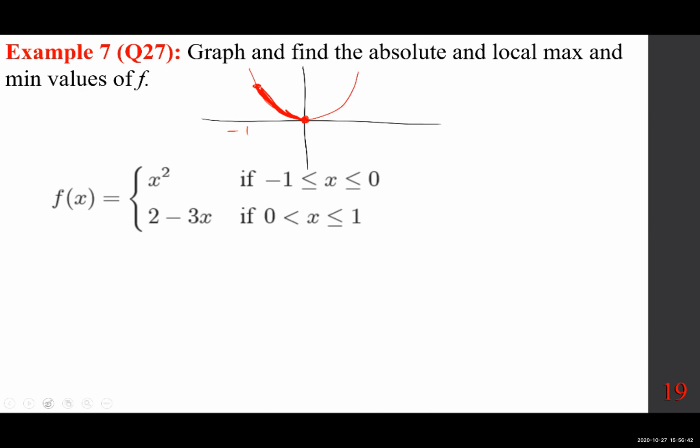The second part, let me use a different color. 2 minus 3x, that means y equals 2 minus 3x. And that's a simple case, everybody. Just a graph. If x is 0, we get 2. If y is 0, we get 2/3.